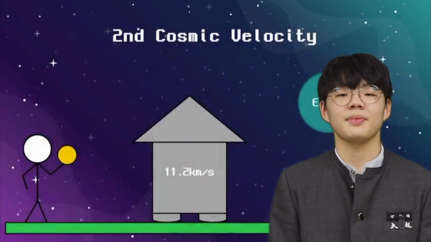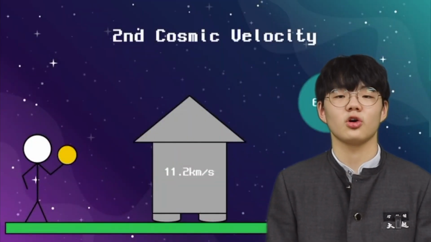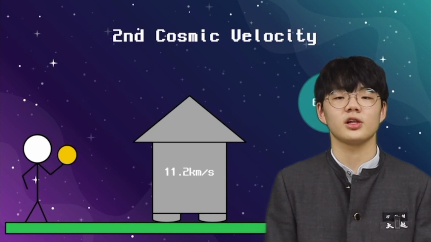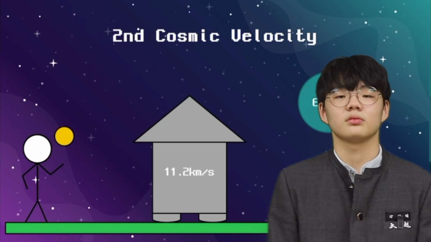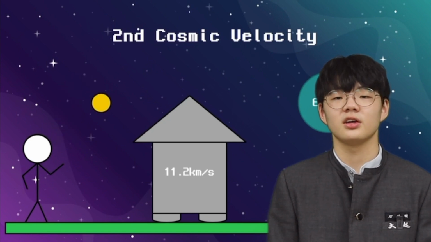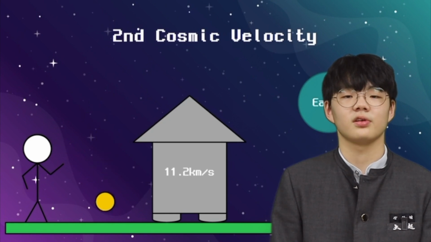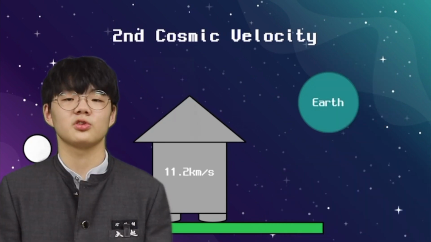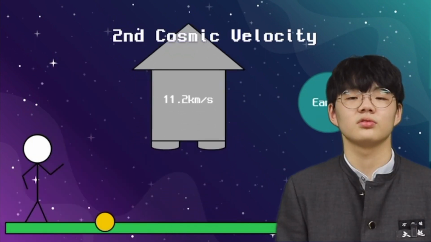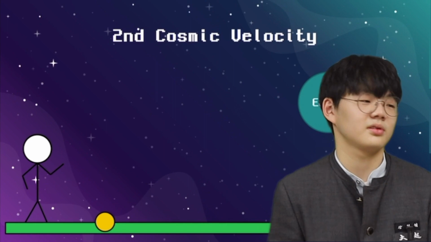The second cosmic velocity is the speed at which an object can escape the Earth, which is about 11.2 km per second. When we throw a ball to the sky, it goes up high, but eventually it falls. In contrast, when we launch the spacecraft at a speed of 11.2 km per second, it would escape the Earth.